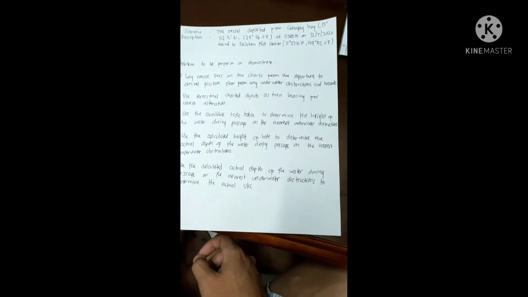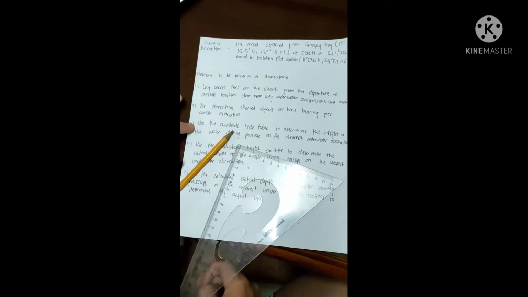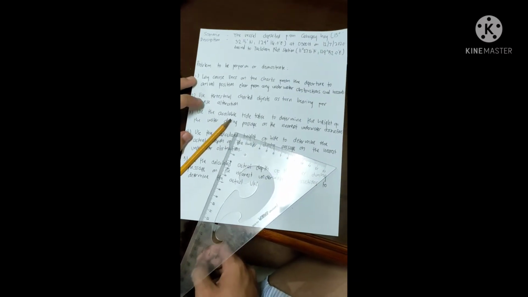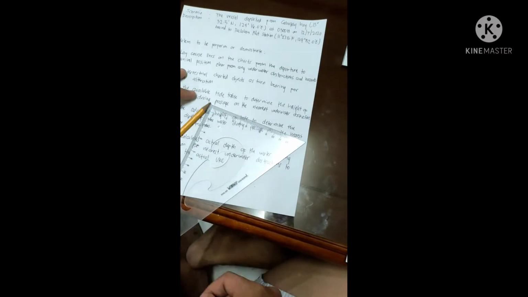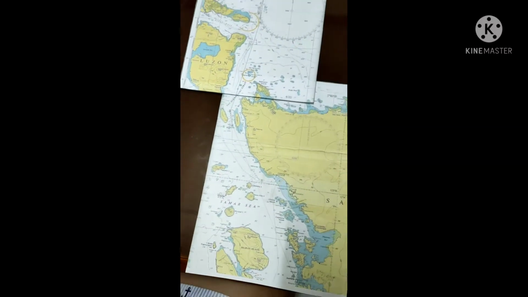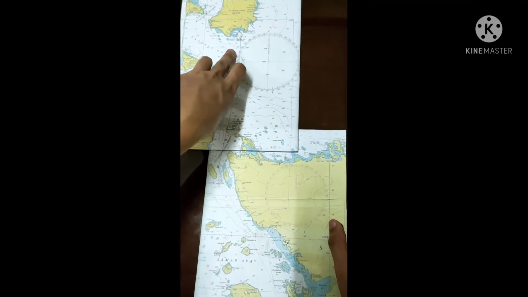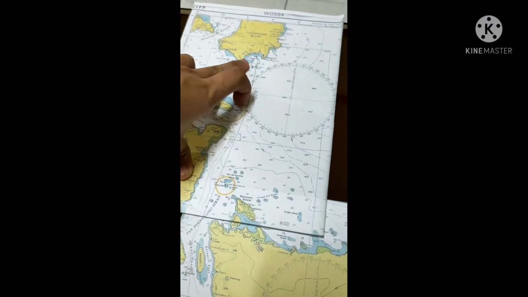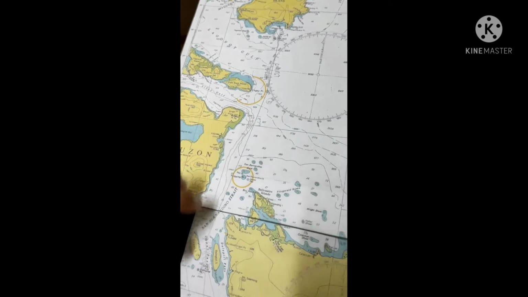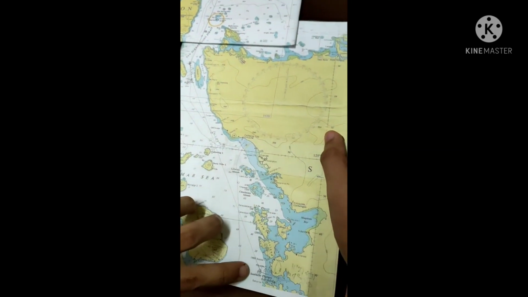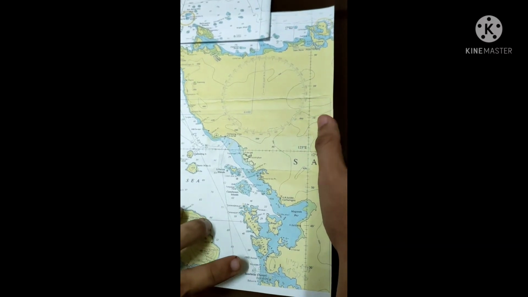First, we need a triangular ruler and pencil to lay a course line. I am finished laying my course line, so I will show it to you. This is the chart. This is our departure, the Kabugay Bay, bound to Tacloban Pilot Station.